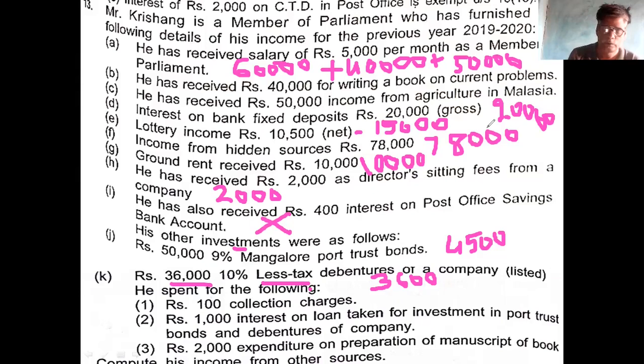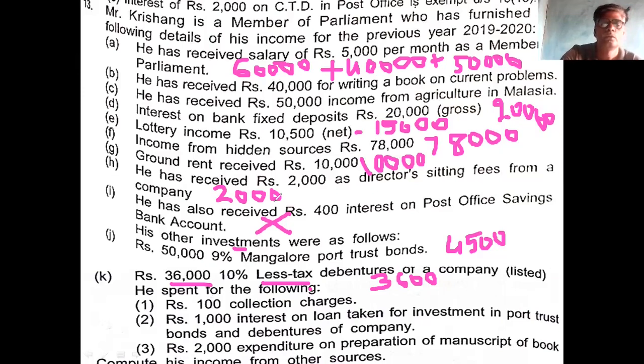Then 1,85,000 plus 78,000 is equal to 2,63,000. 2,63,000 plus 10,000, 2,73,000.